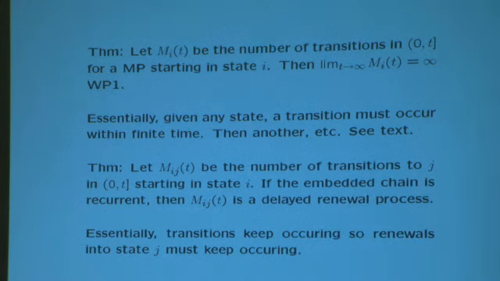Okay, so now let's use renewal theory to actually see what's going on. And here's where we need a little more notation even. Let m sub i of t be the number of transitions between 0 and t for a Markov process starting in state i. I can't talk about the number of transitions if I don't say what state we start in, because then I don't really have a random variable.